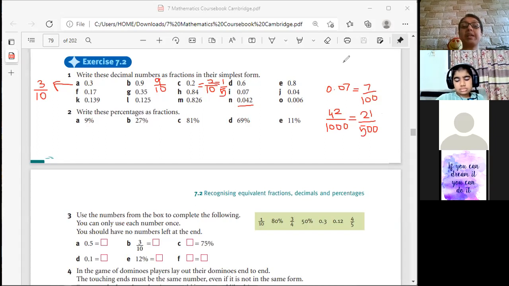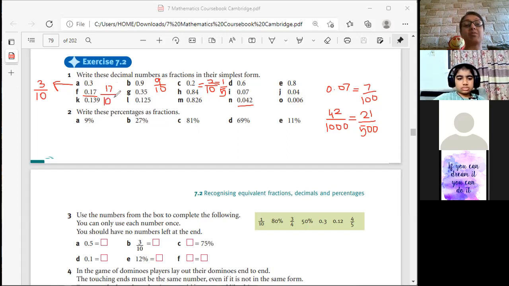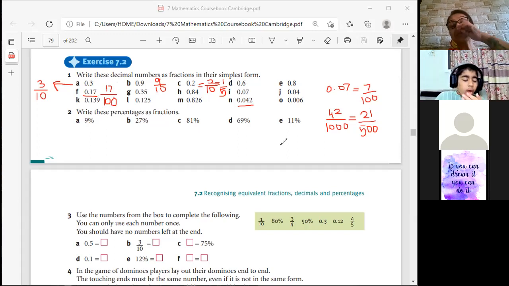Can we move to the second question? Ma'am, 0.17, 17 upon 10 only, right? 17 upon 100. 0.17 will be 17 upon 100, because after the decimal you have two places. So 2 places indicate that there are 2 zeros down. 3 places indicate there are 3 zeros down. Do you understand? Okay.